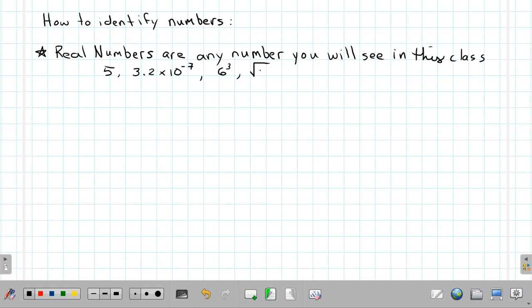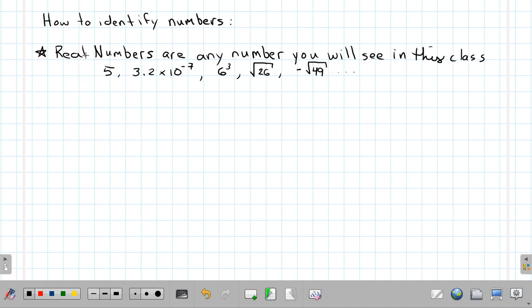The square root of 26 is a real number. The negative square root of 49 is a real number. And once again, you can just keep going on. So pretty much any number that you've seen this year that we've talked about is considered a real number, okay?